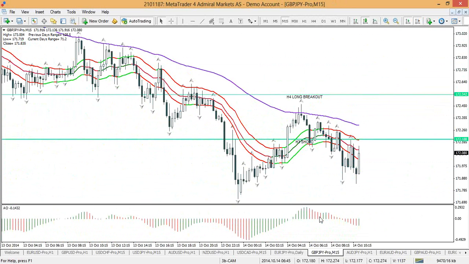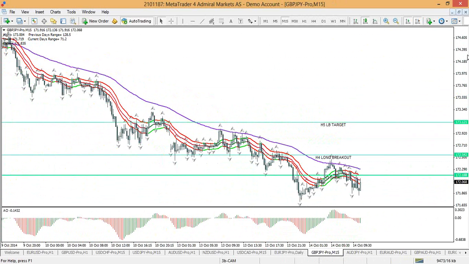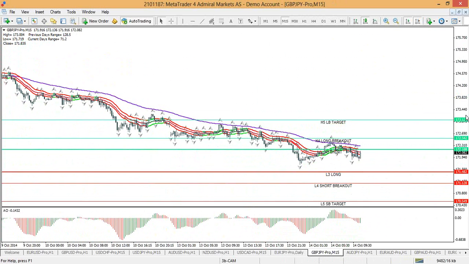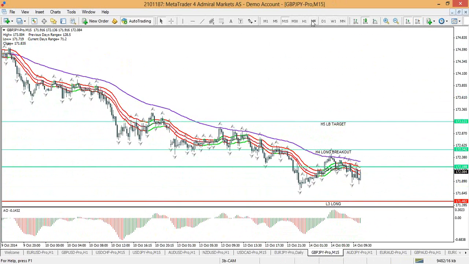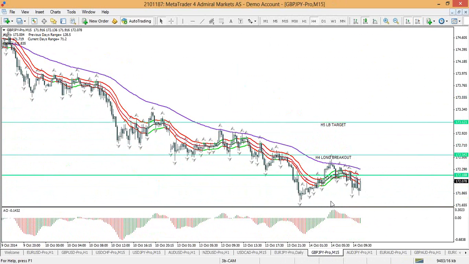Well, can't deny the strong downtrend either here. Yeah, I would say a break below L3 probably.